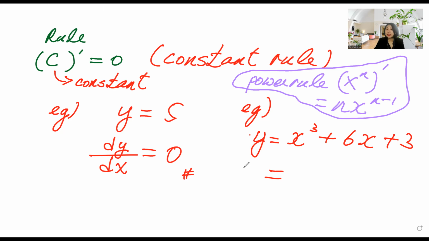Okay, so dy dx or just y dash, okay? So let's do the first one right here. So remember how to do the power rule, okay? First, throw this 3 in front, and then use your index minus 1. So 3 minus 1 is 2. Okay, we are done with the first, okay?